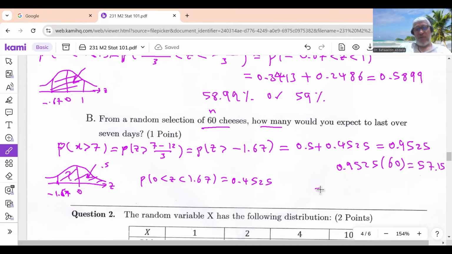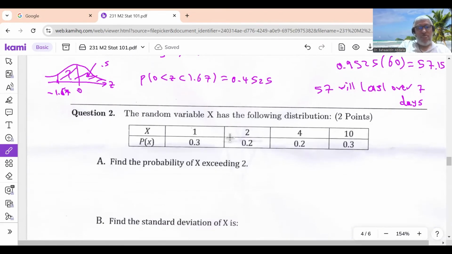So the answer would be 57. I expect 57 will last over 7 days. So that's good. 95% will last over 7 days. That's good. So we know that it will last at least 7 days or more.